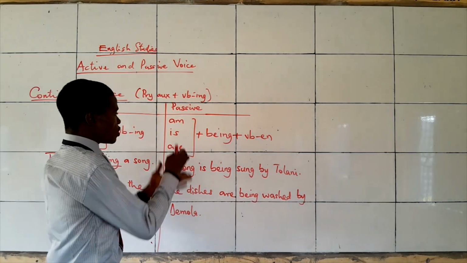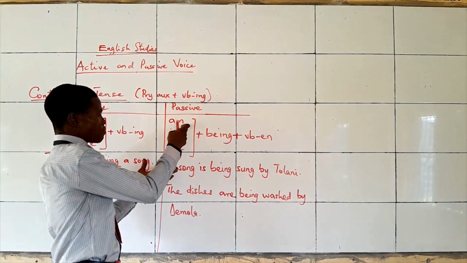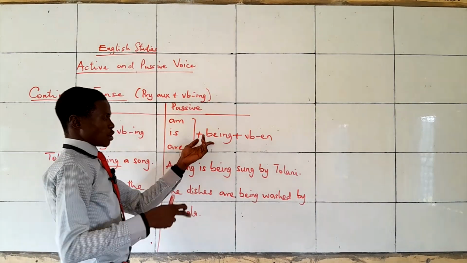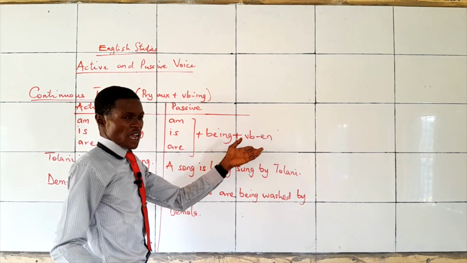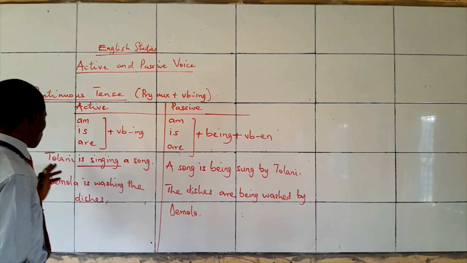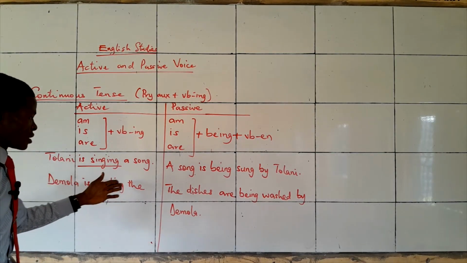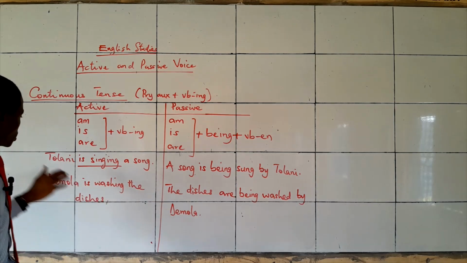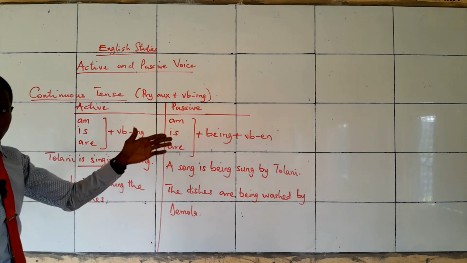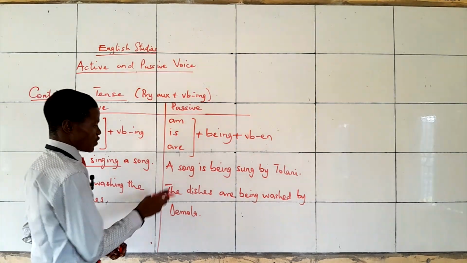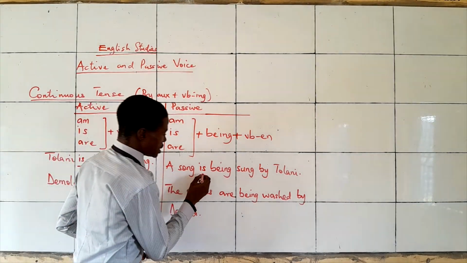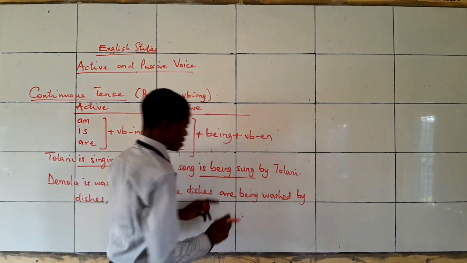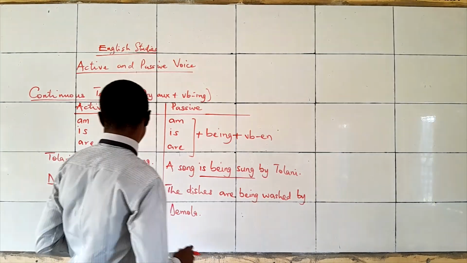Will now be equivalent to am, is, are plus being and verb en. Like Tolani is singing a song. Change it to passive. We have a song is being sung by Tolani.